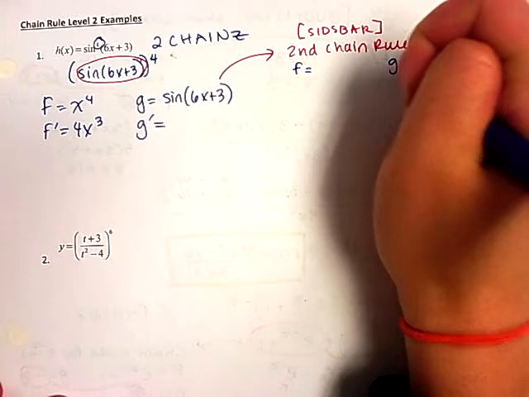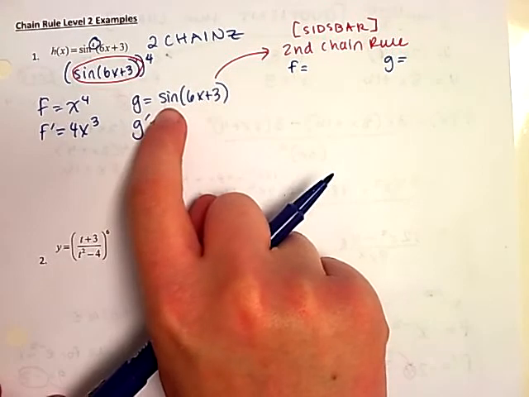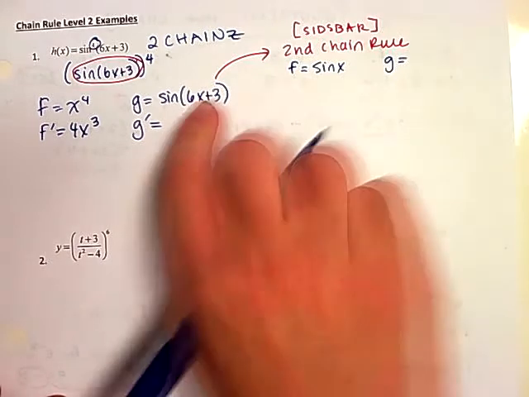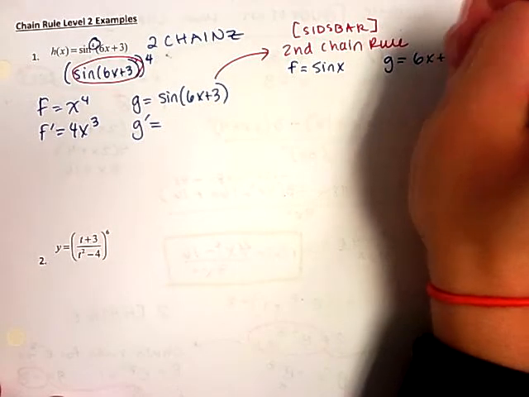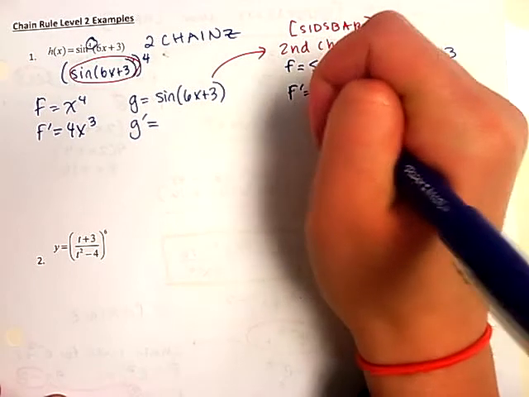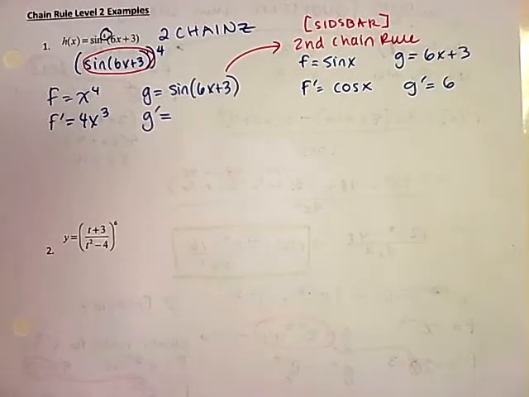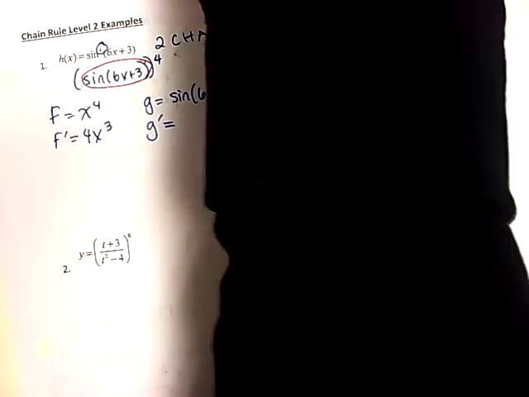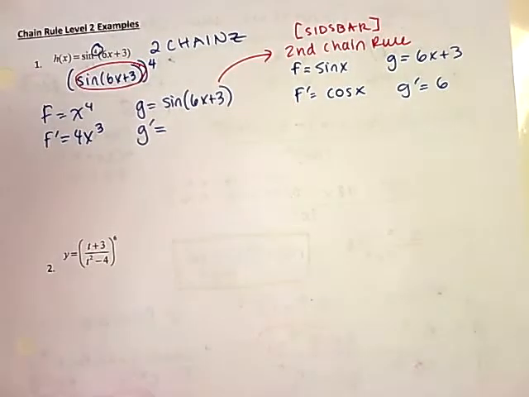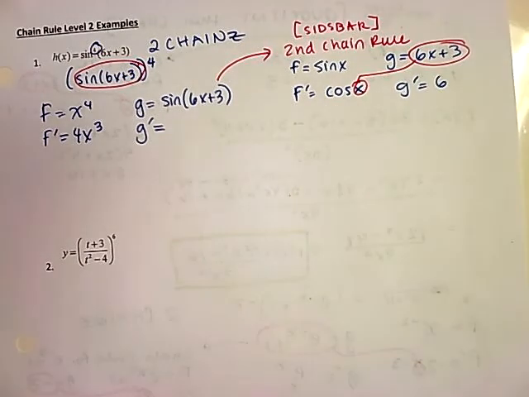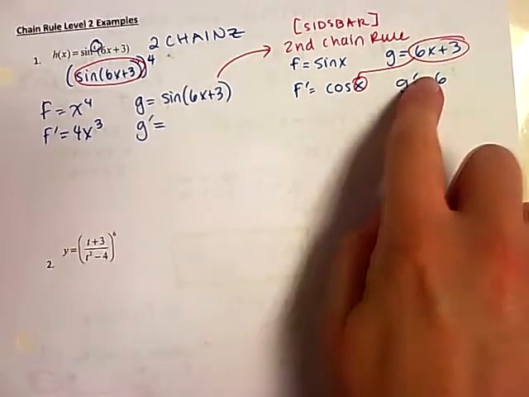These are different f's and g's, but for here, what's the outermost function? It's the sine x. And then inside of that is 6x plus 3. So f prime is cosine of x. g prime is 6. So now putting this all together, I'm going to plug 6x plus 3 in for the x there and multiply that by the derivative of g.